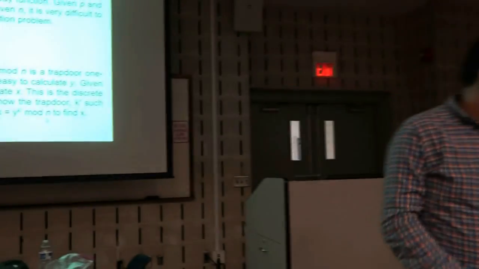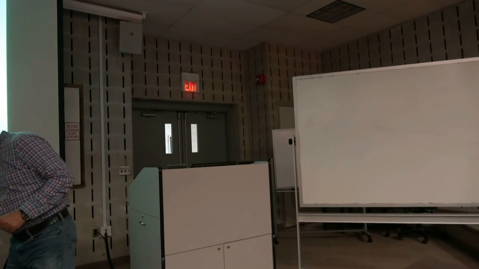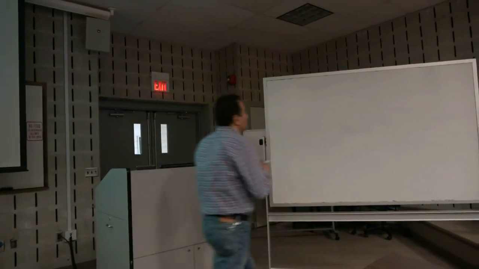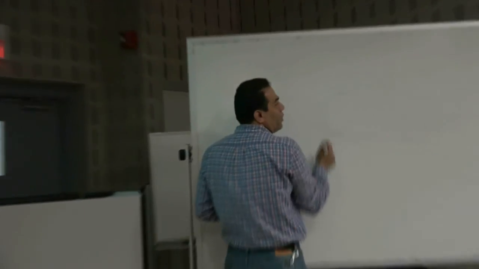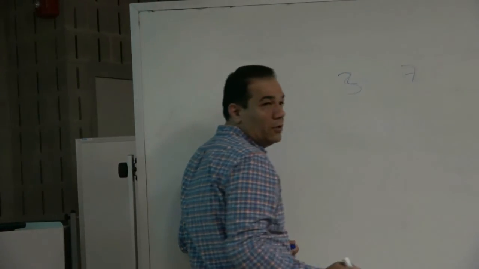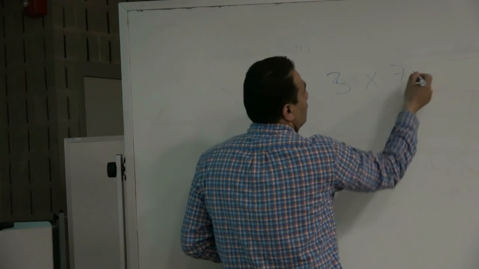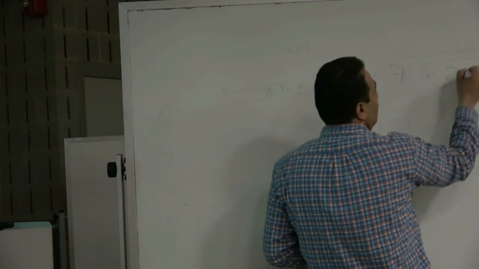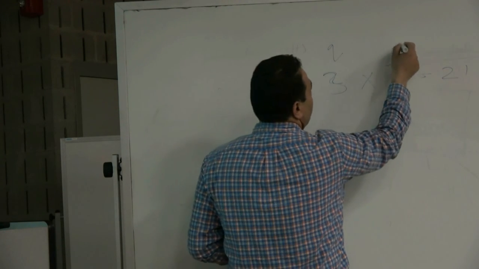For example, 3 and 7, these are primes. So n equals 21. We call one prime q and the other p.